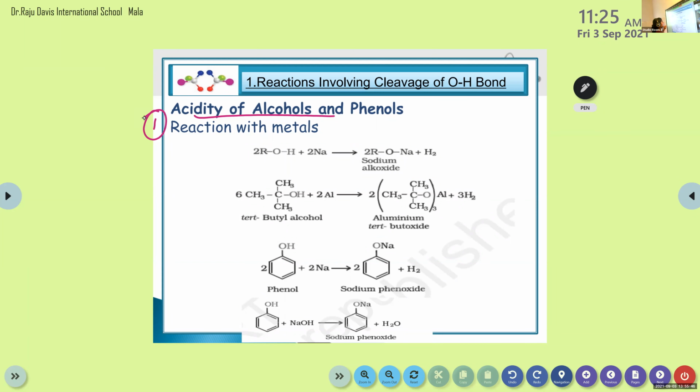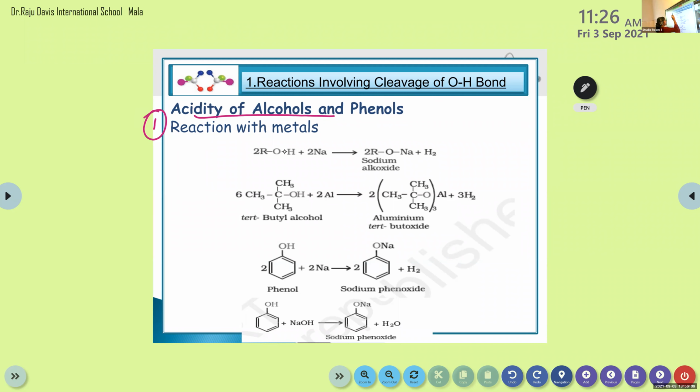So for the first example, look at the first one, 2ROH. This is an example for alcohol, right? 2ROH will react with an alkali metal, Na. So 2ROH reacts with 2Na to form its sodium alkoxide.